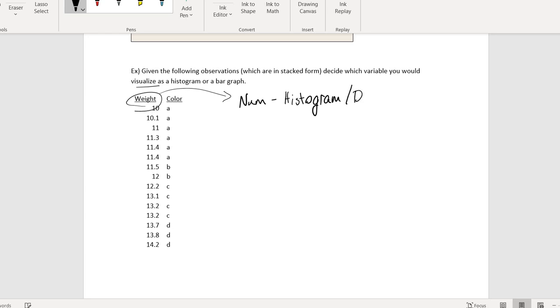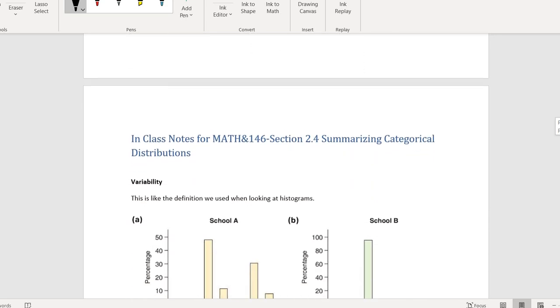You could also use a dot plot if you like, but I'm a bigger fan of histograms. Now color is a categorical type of data. Therefore, we would use a bar graph, or you could use a pie chart. The dot plot and the pie chart aren't usually ones that we like to use, but we're still capable of using those.